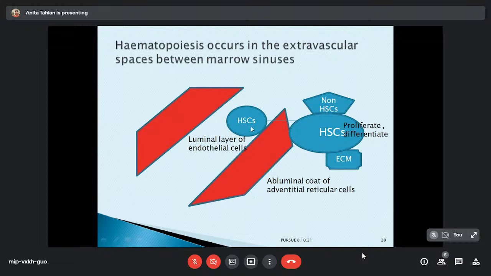So these hematopoietic cells migrate into the extravascular space on the abluminal side, and they proliferate and differentiate under the influence of the non-hematopoietic cells, which are the stromal cells, and the extracellular matrix. They help and direct its proliferation and differentiation.